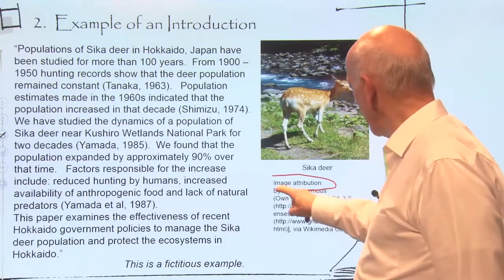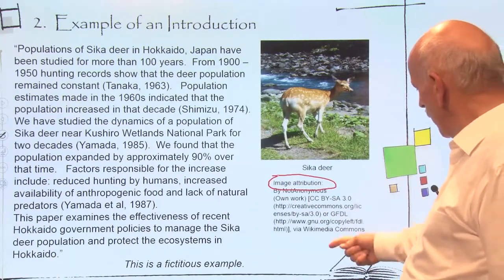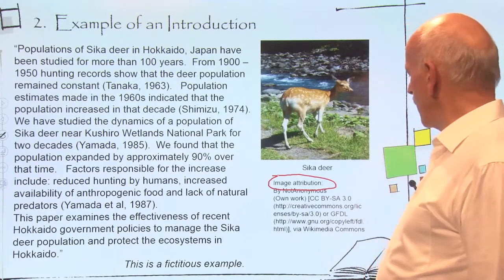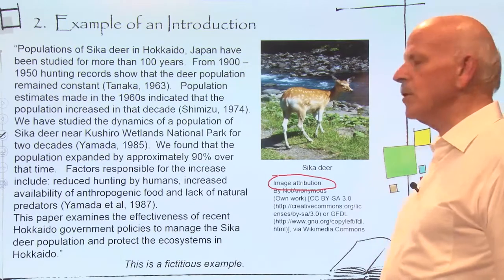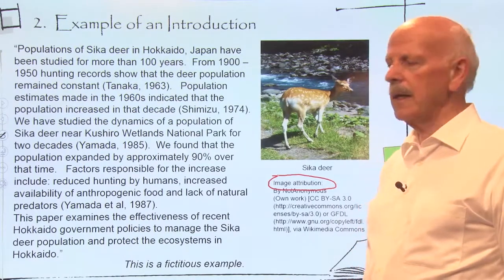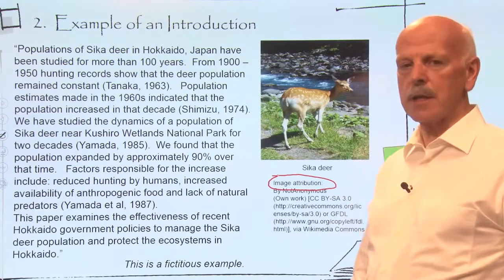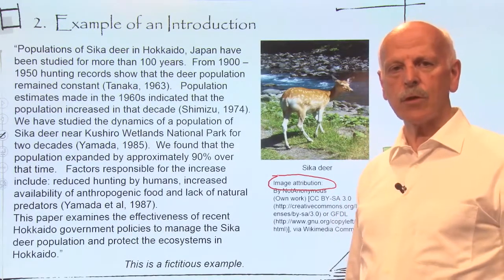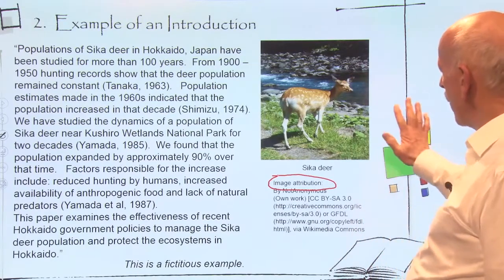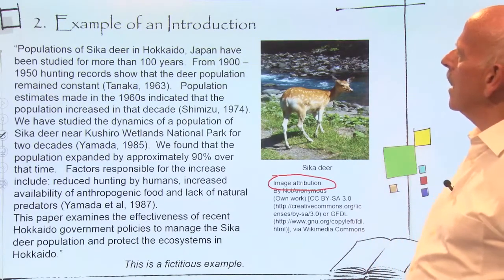The image attribution is, in this case, a rather long link, but it then allows you to use the picture because you're allowed to, because you've attributed the image. You have to give the source and who provided this picture. So that's the first part.